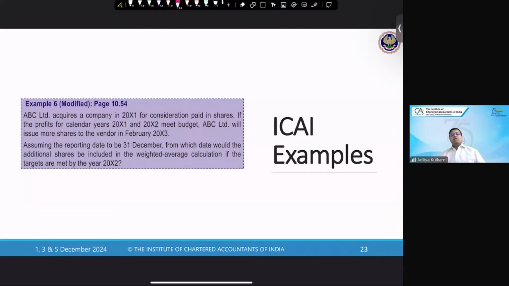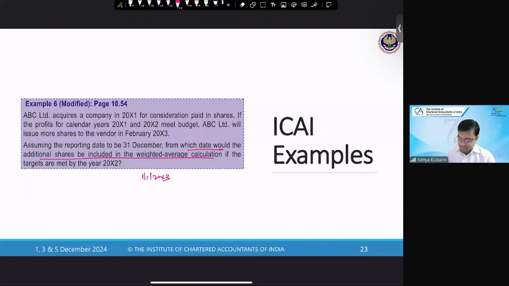So what your standard tells is you will be considering the additional shares from 1st January 20X3, because you are meeting your contingency only by 31st December 20X2.